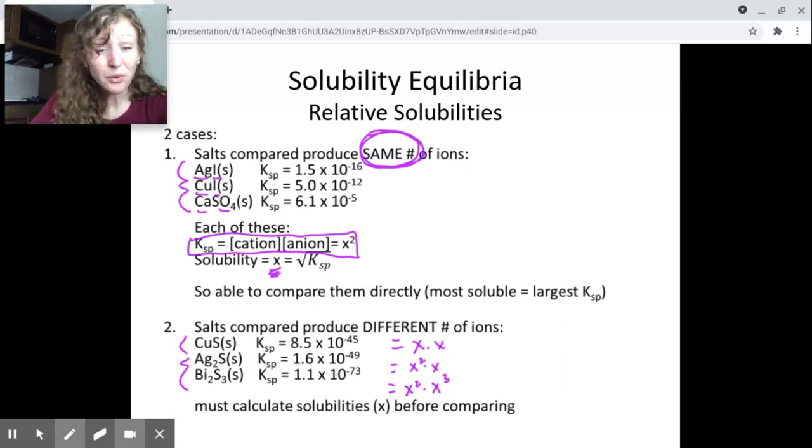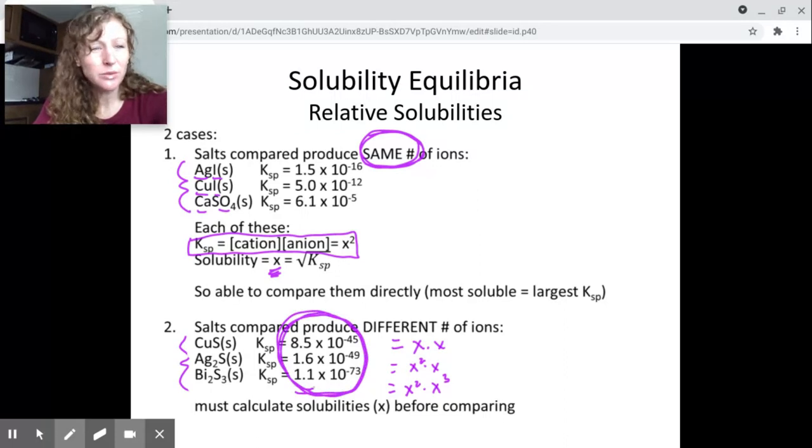These solubility products are really going to communicate different things. They're not going to communicate solubility in a very straightforward way. You have to actually calculate the solubility before you can compare how soluble all of these actually are.